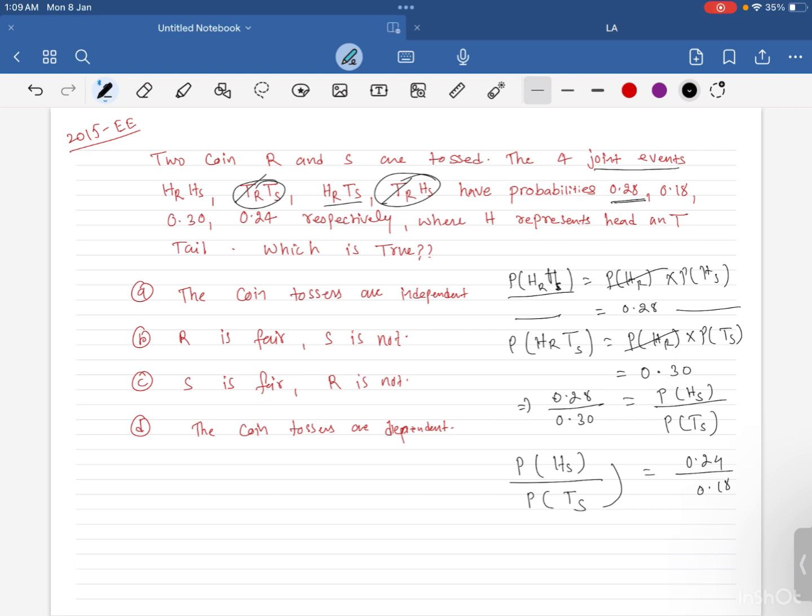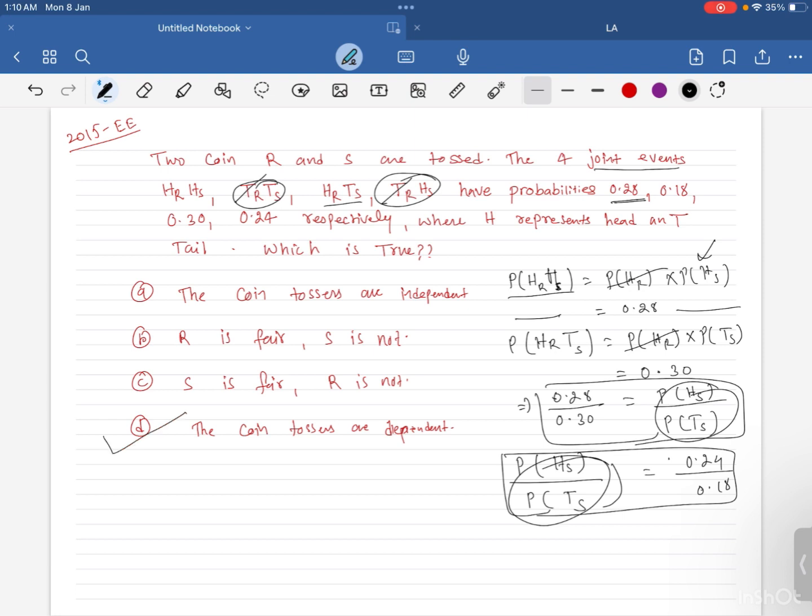So these two are not equal, right? And these two are the same thing. So our assumption is wrong. That is, these events are not independent, they are dependent. So the correct answer for this is D. The coin tosses are dependent.